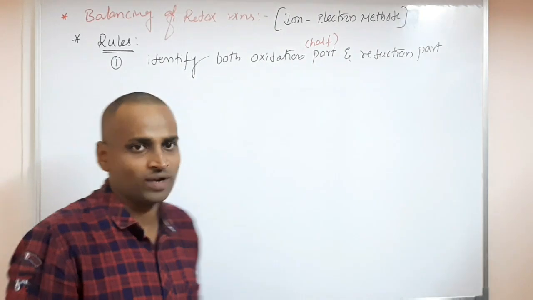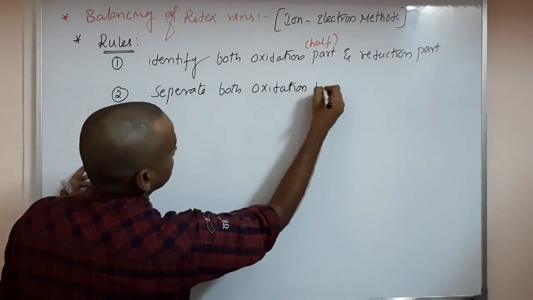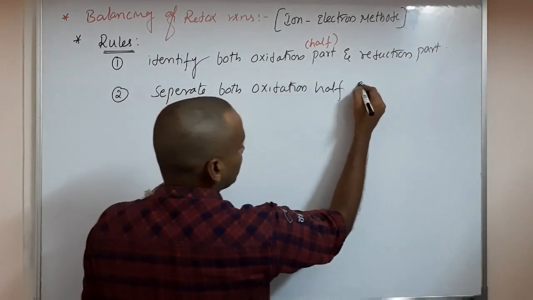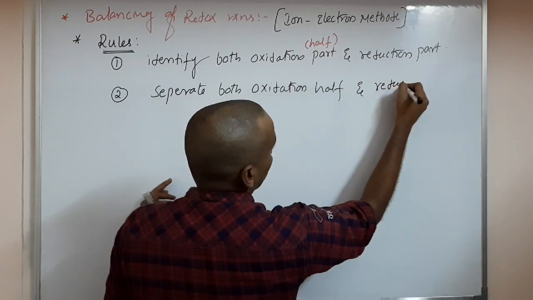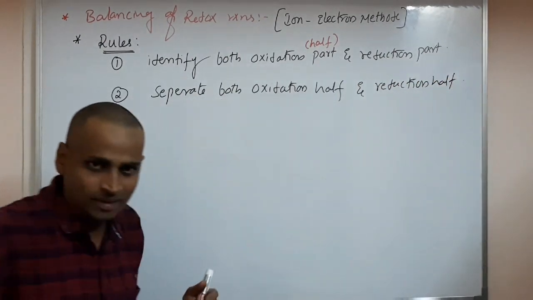Next, after identification, our second point is to separate both the oxidation half, that means the oxidation part, and the reduction half. This we have to do, second step.